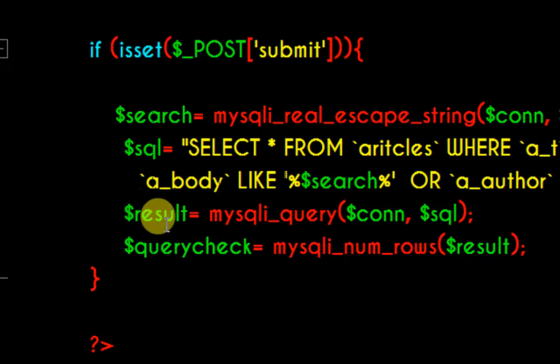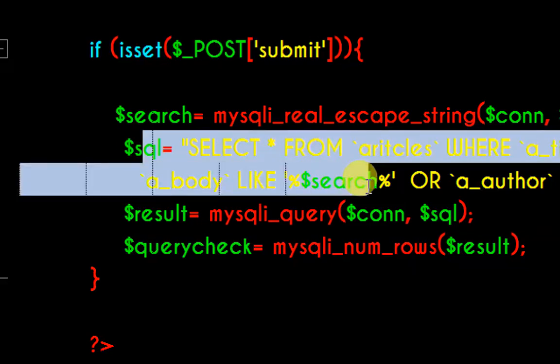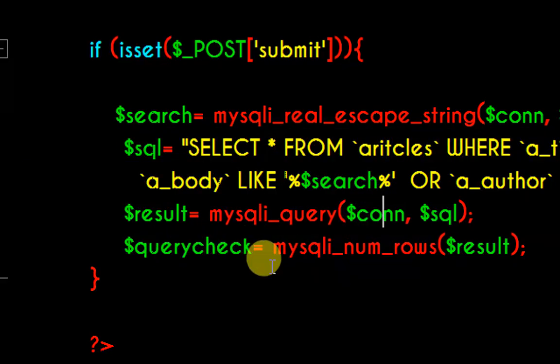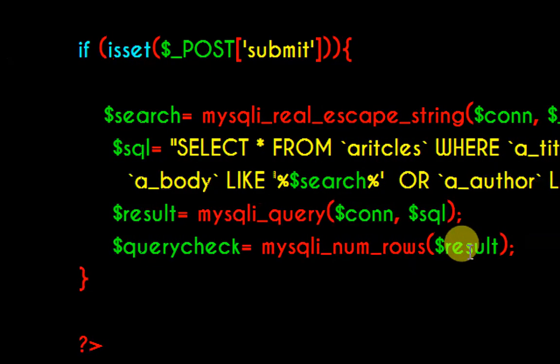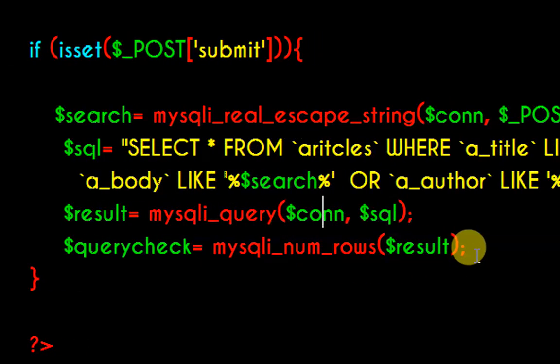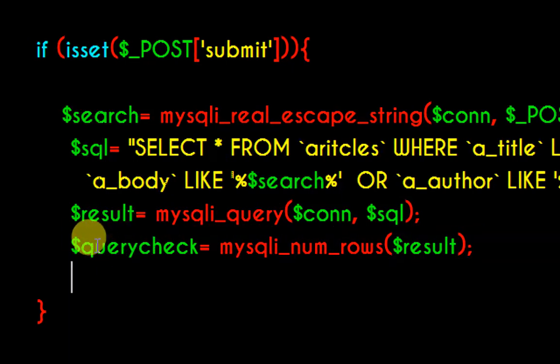So what we actually did was this result right here holds the query. It connects to our database and then queries what we actually did right here, and then the result check goes in to check if there's any result in this query. So what we are going to be doing next, we are going to be using our if statement to check if actually there is any result right here.